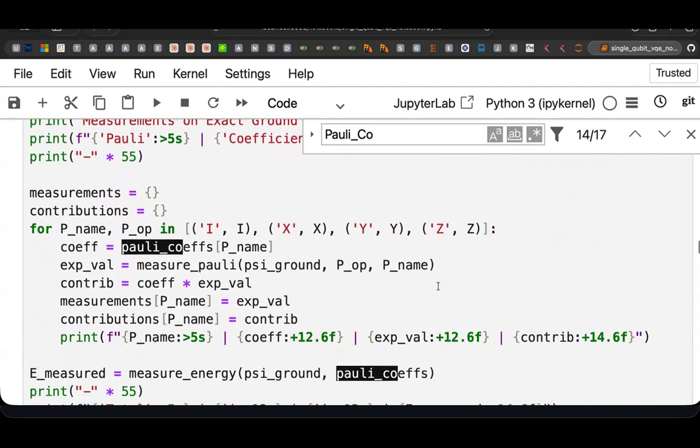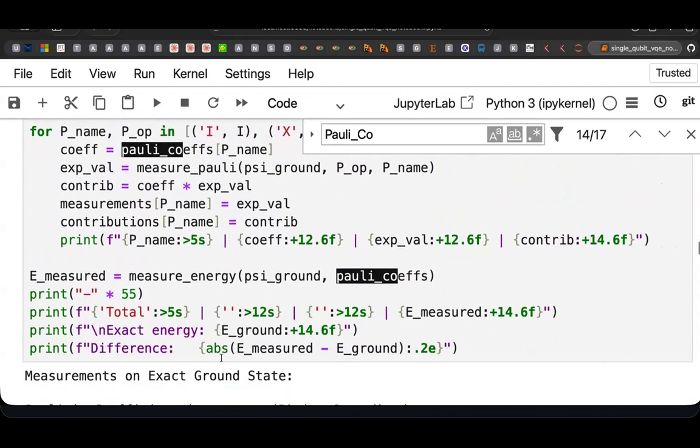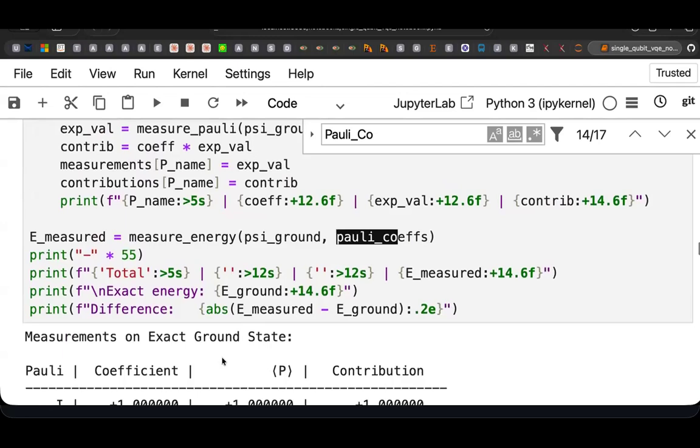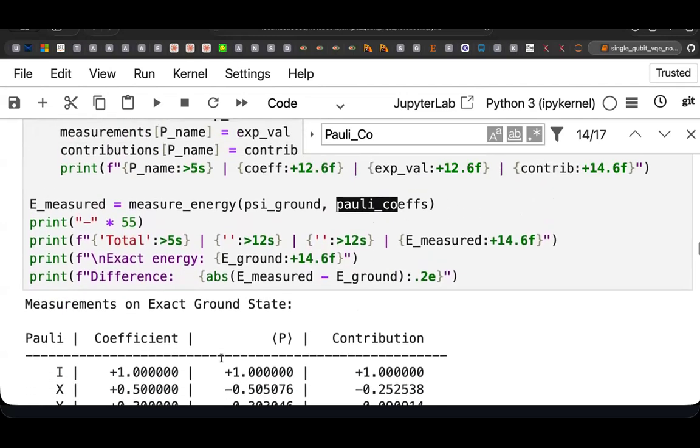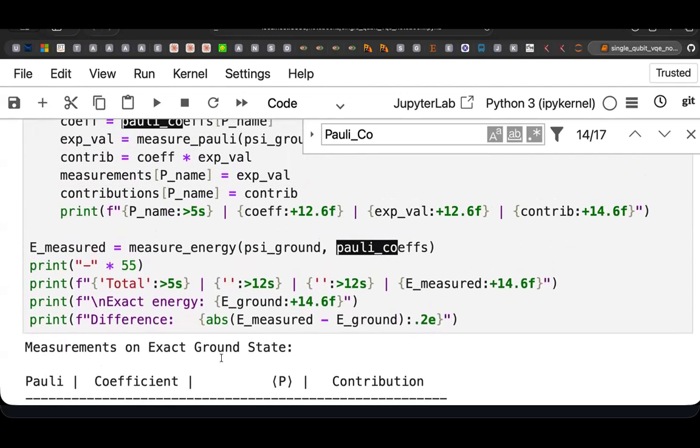Then, if we now look at that, we have to now set up the expectation value, which comes from this measure Pauli here. We get the contribution, we get the expectation value, and then we simply collect the different contributions here by performing the measurement after we have performed the measurement on these different gates here.